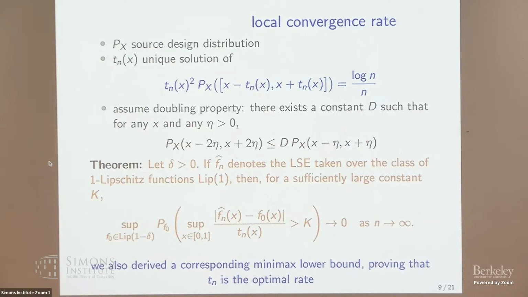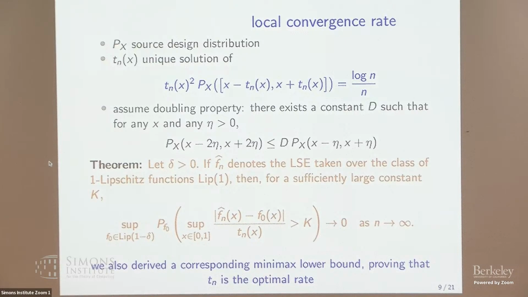And that seems to be a harmless condition, but it rules out certain cases that we still would like to discuss, because if you have somewhere 0 density, then if you have a fixed interval of 0 density, that can't happen, because then the doubling property would mean you would have density 0 everywhere, and that's impossible. So we also replace it by a more local version of this doubling property, which gives us a bit more slack, but I didn't put it here on the slide.